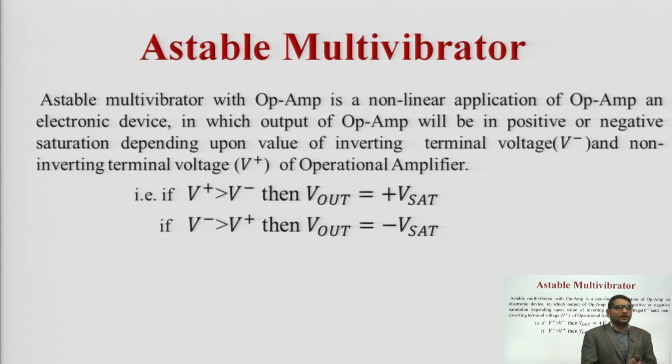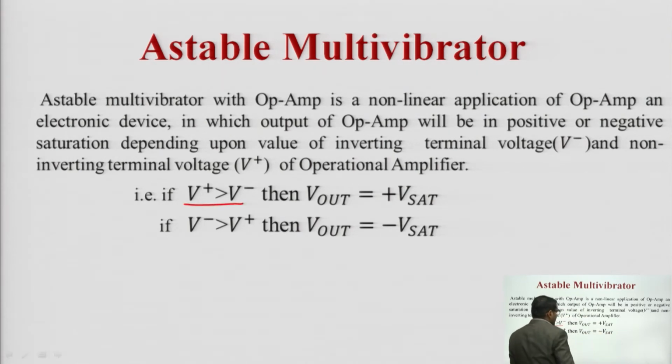It has two outputs, either plus V sat or minus V sat, depending upon the polarity of the non-inverting terminal and inverting terminal voltages. If the non-inverting terminal voltage is greater than the inverting terminal voltage, then Vout is plus V sat, and if the inverting terminal voltage is greater than the non-inverting terminal voltage, Vout is minus V sat.